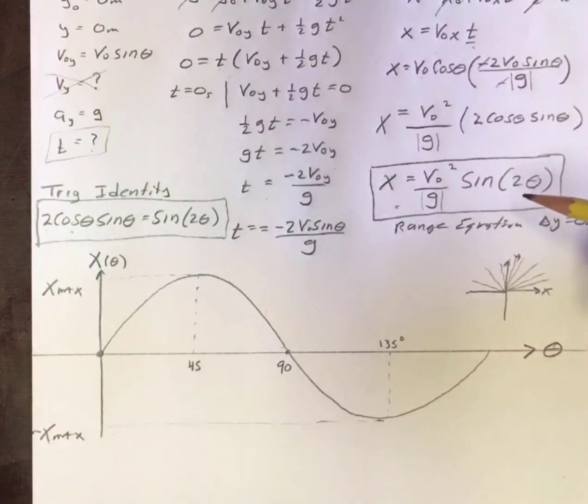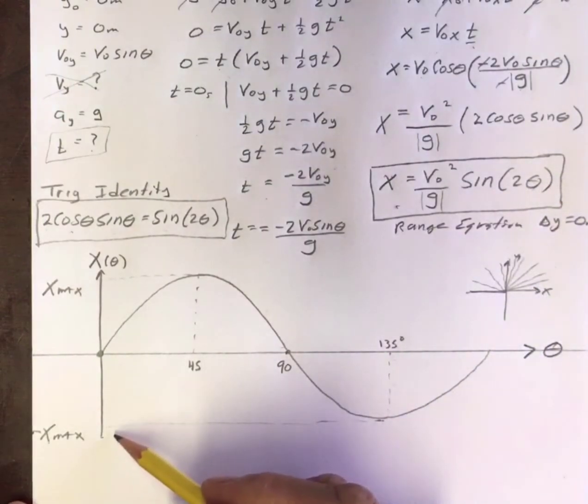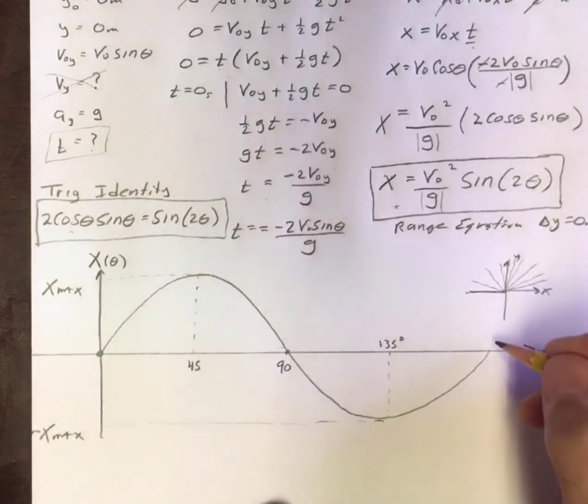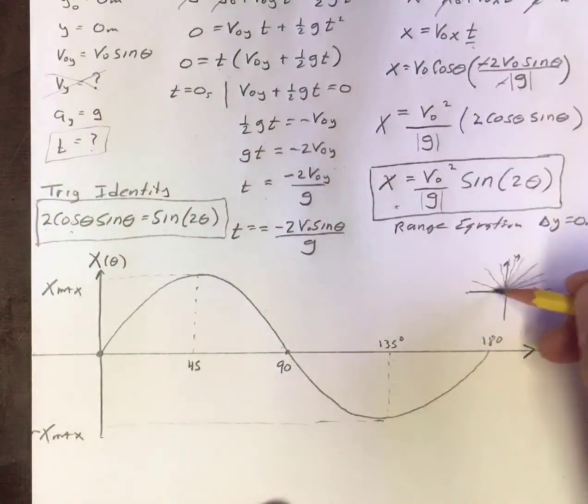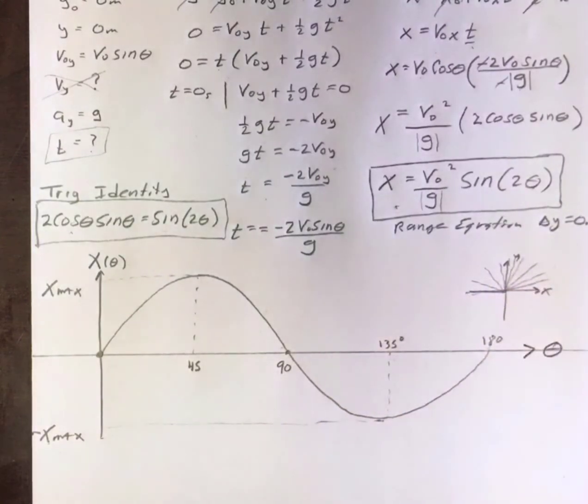Twice 135 is 270, and that's when the sine function goes to -1, so it maximizes in the negative dimension. And then if I go here, 180, that would be like launching just perfectly leftward, and so it just smashes into the ground right away.